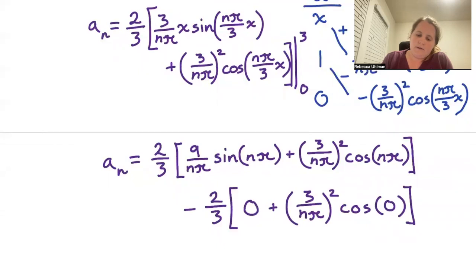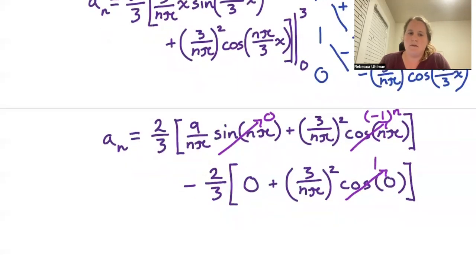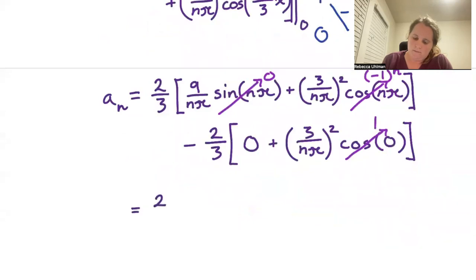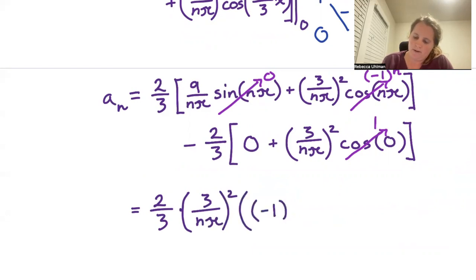So in this case, our sine of n pi also goes to 0. Cosine of n pi is -1 to the nth. Cosine of 0 is 1. So we are looking at 2/3 times 3 over n pi, whole fraction squared, times, in parentheses, -1 to the n minus 1.